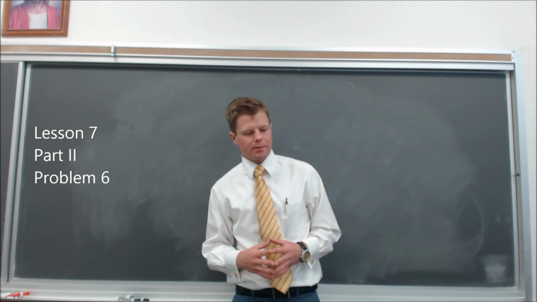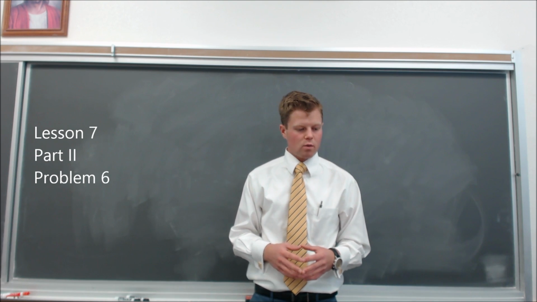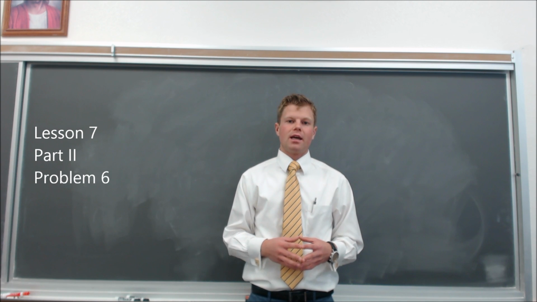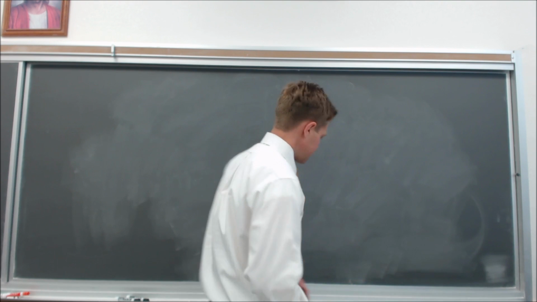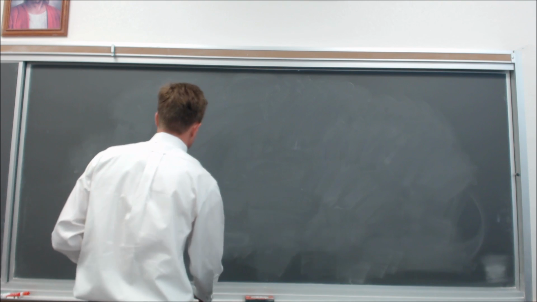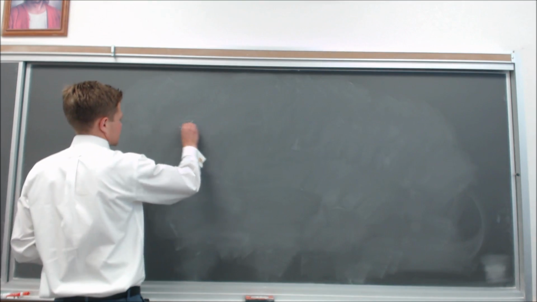Question 6. A sample size of n equals 4 is taken. What is the probability that the observed x bar is less than 40? We're going to take a look here at this z-score. We're going to be doing a lot of z-scores in this lesson.